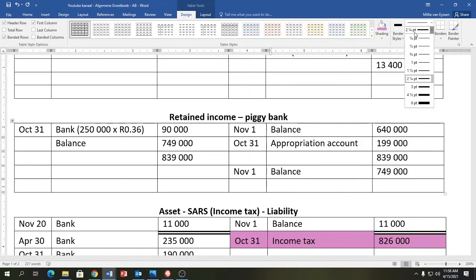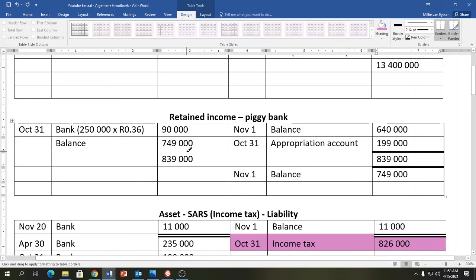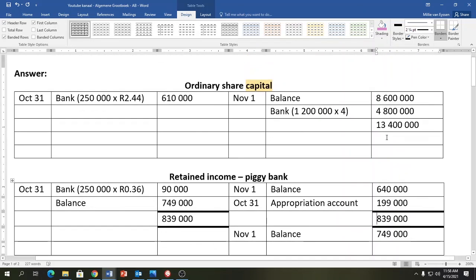Balance. I'm also always so lazy to draw my total lines in, but there's my lines. And then in my share capital account, I must also just work out the balance. 610, 12, 790. And this will be my balance.